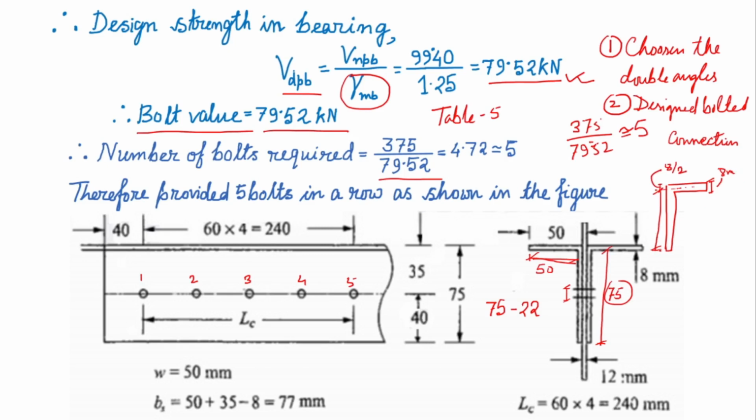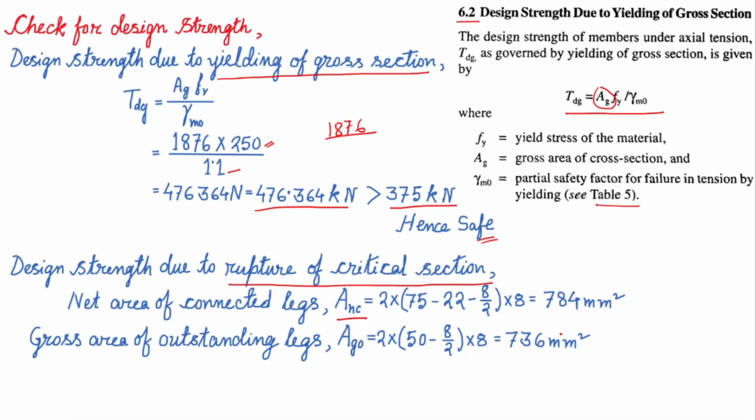From the bottom up to the center line of the other leg, I have to take the distance. So 75 minus 22, which is the diameter of the bolt hole, minus 8 by 2. This is the effective length of the connected leg. And if I multiply this length with 8, I will get the value of Anc for one angle. If I multiply it by 2 for the 2 angles, I shall get the combined value.